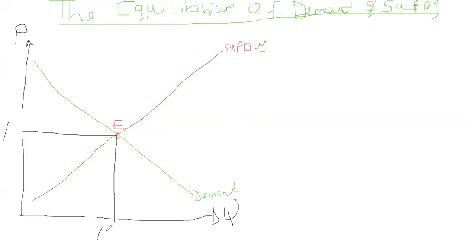So we have it here. So here, this is our equilibrium point. This is our equilibrium quantity demanded. And the 1 is our equilibrium price.